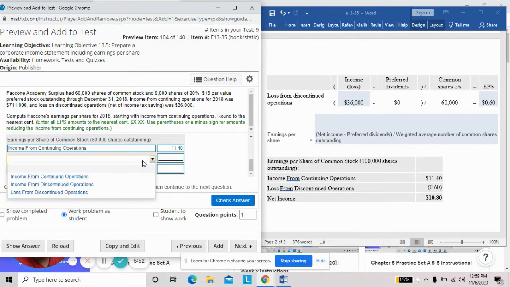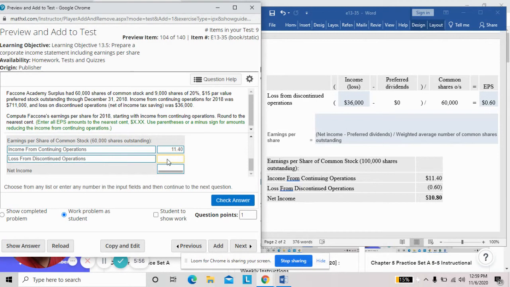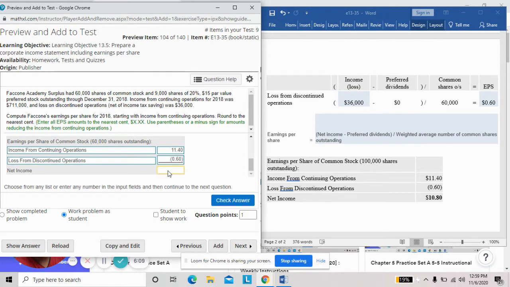We take the loss from discontinued operations. That's 60 cents. I believe that's in parentheses since it's a loss. As I subtract those two, the difference between the income from continuing operations and the loss from discontinued operations gives me a net income of $10.80.